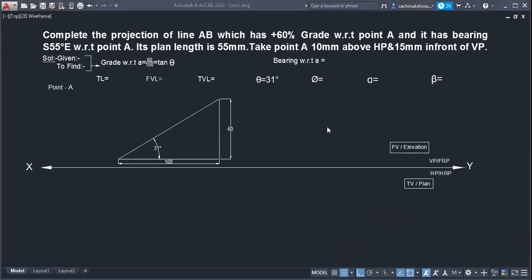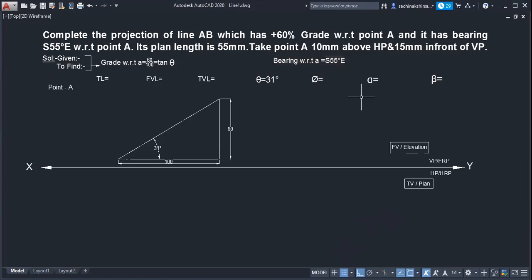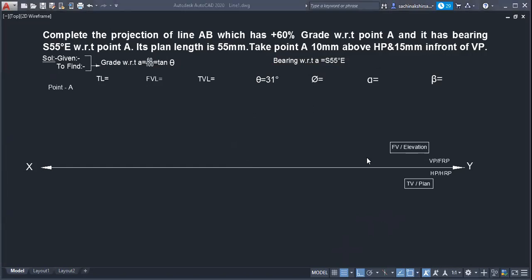That is the bearing. Now the next one is bearing. It has a bearing of 55 degree east with respect to A. So what will be beta? What is bearing? We know what bearing is. Bearing means the direct beta.